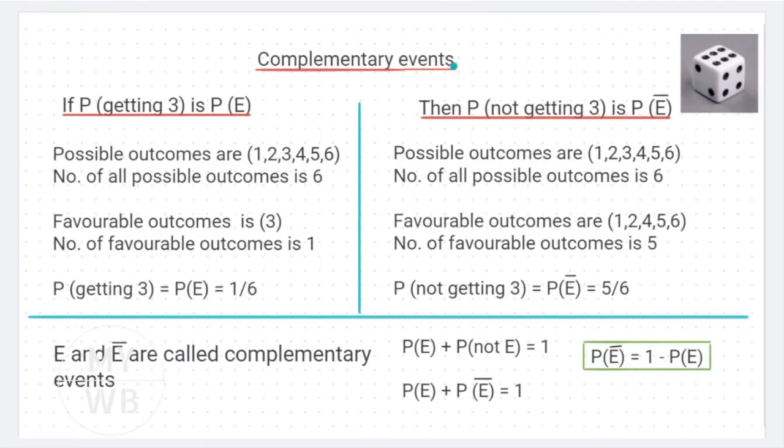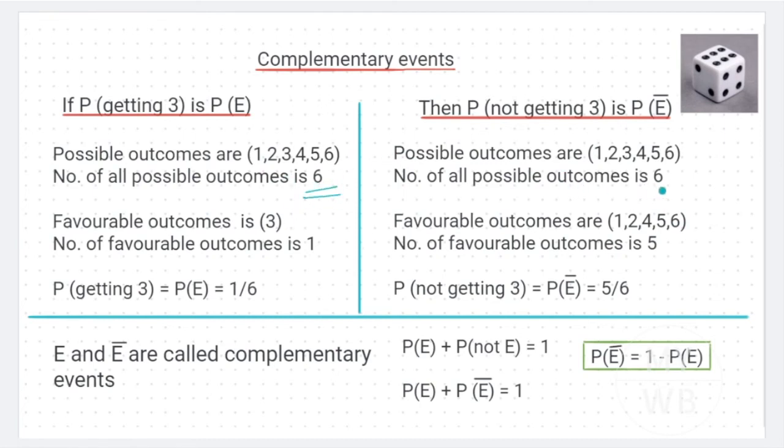Complementary events. Let's consider two scenarios: getting 3 and not getting 3 when a die is thrown. If the probability of getting 3 is denoted as P of E, then the probability of not getting 3 is denoted as P of E bar. In both cases, the possible outcomes are 1 to 6, so the number of possible outcomes is 6.